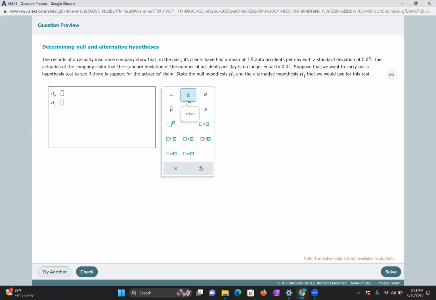They're not saying a sample actually. So let's go with sigma equal to 0.05, and the alternative is sigma not equal to 0.05.